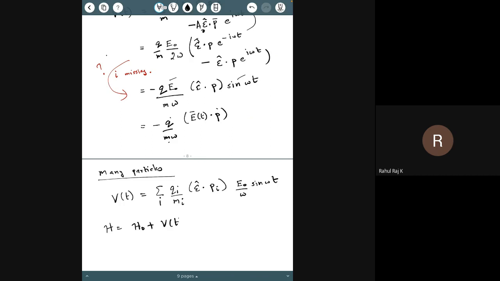In this form, this is basically the electric dipole Hamiltonian.